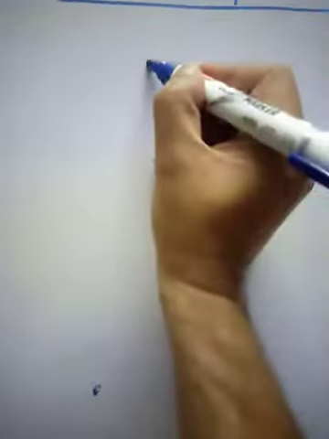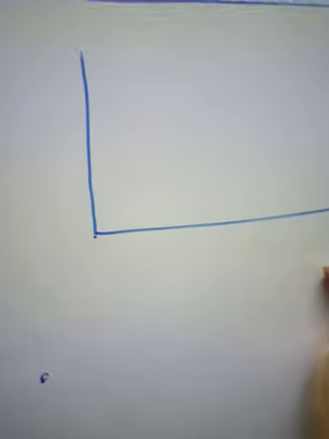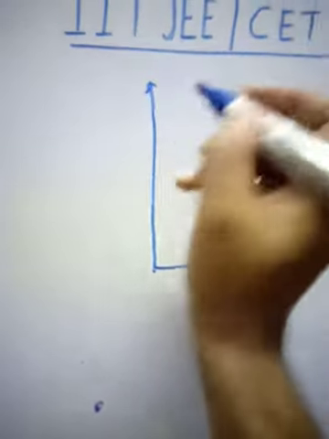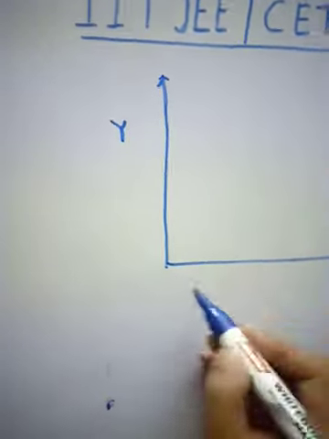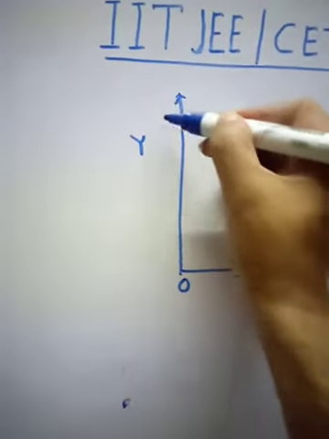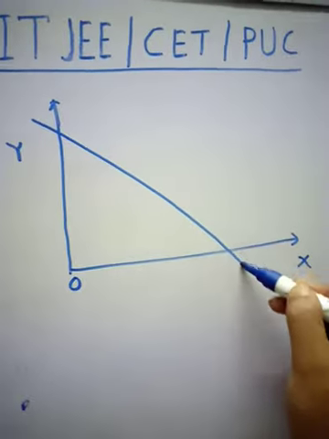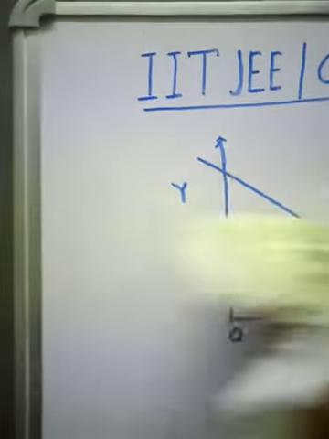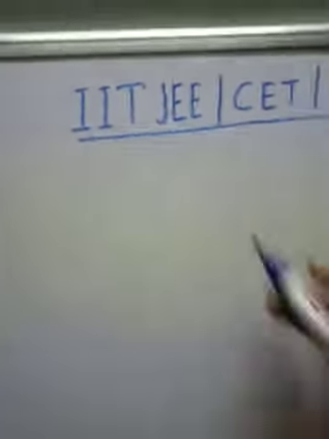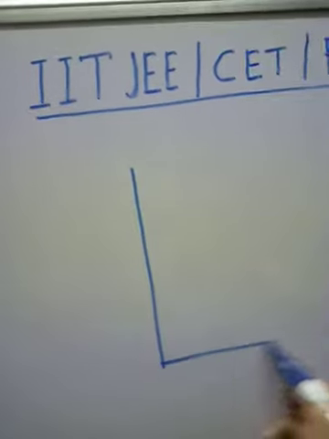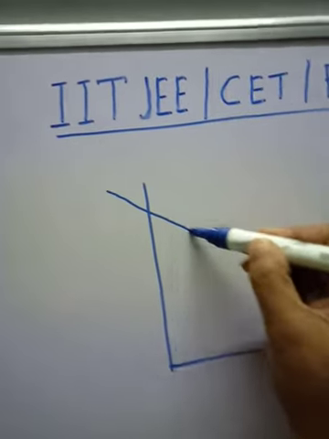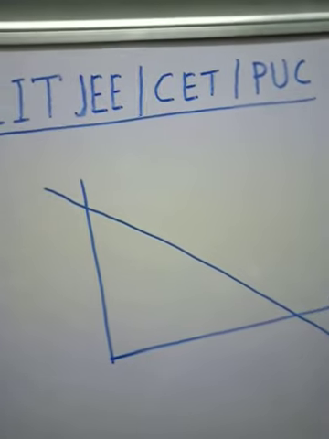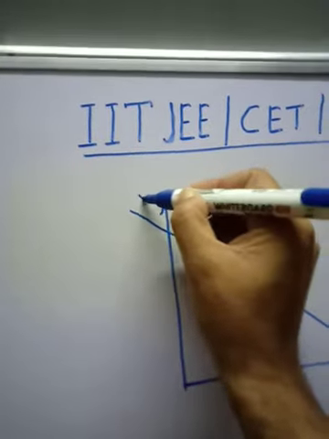So here, suppose this is our coordinate axes. This is the x-axis and this is the y-axis, and this is the origin, and a straight line is cutting both the axes at the points A and B respectively.